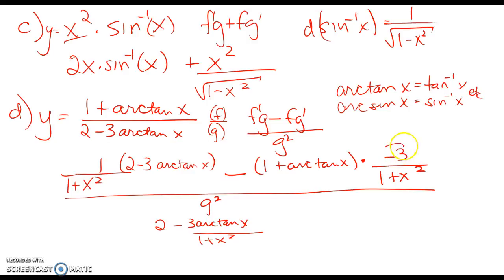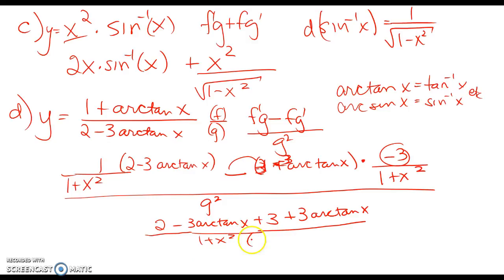I'm going to distribute this over here, so it'll be negative 3 and negative 3, won't it? So if I distribute negative to a negative 3, it'll be plus 3, and a negative to the negative 3 arctan will be plus 3 arctan x, right? All over the g squared. Well, if I divide this all by g squared, it actually will move into the denominator here.